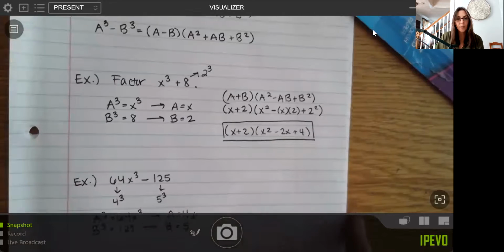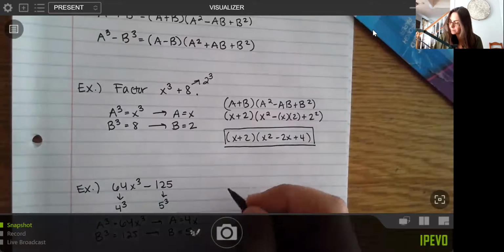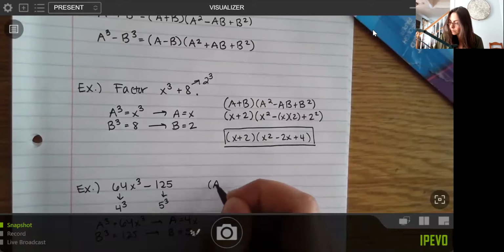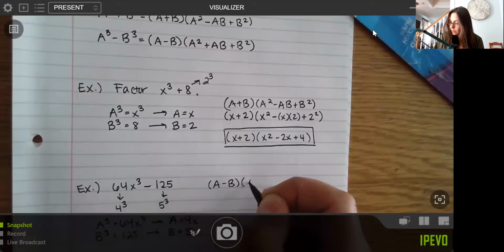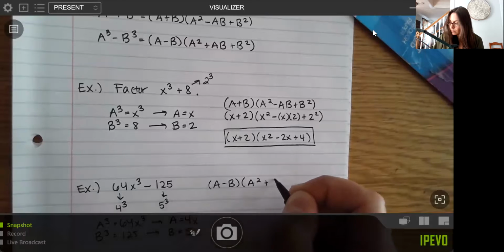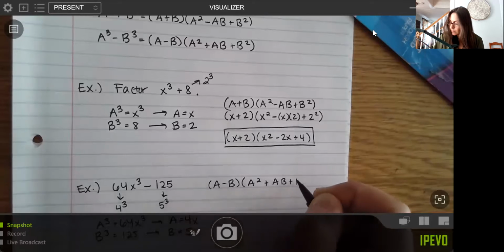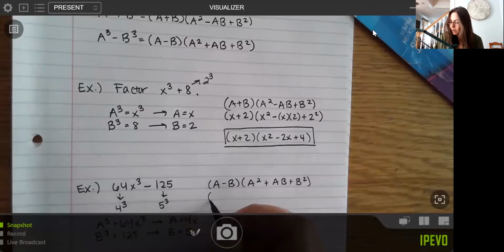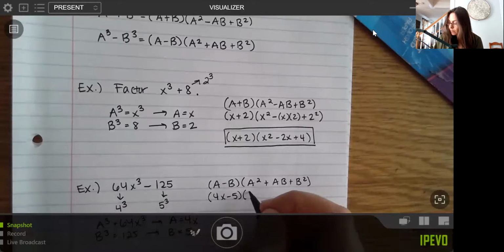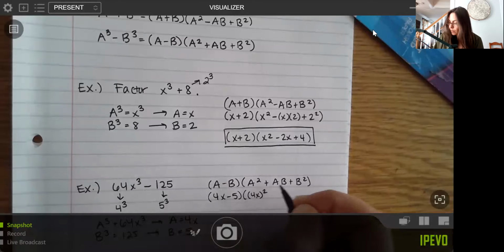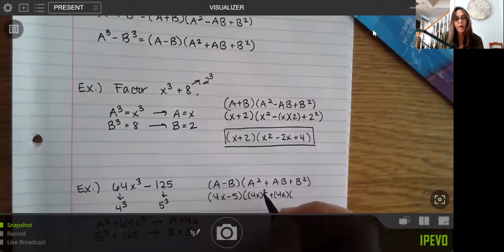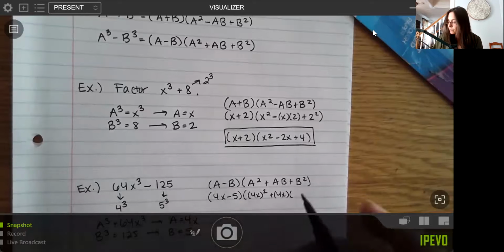So I'm just going to copy down my subtraction formula here. And then I'm just going to plug in my a and my b values right where I see the letters in the formula. Now I am using parentheses when I plug in that 4x because when I square it, I do have to square the whole thing.